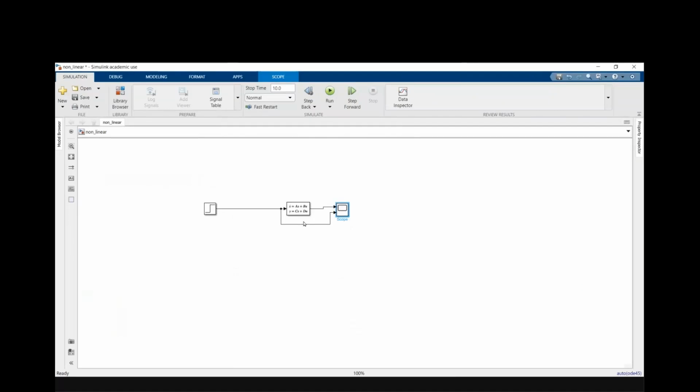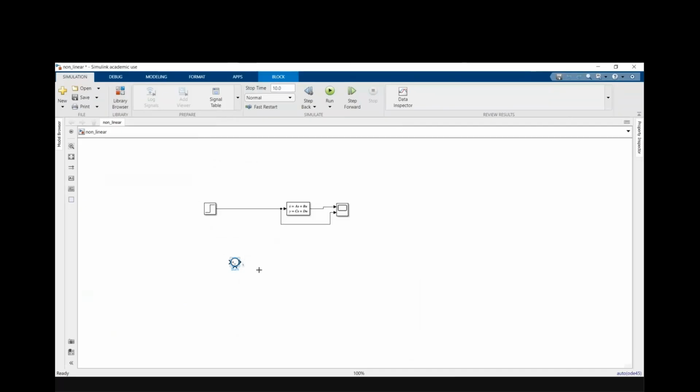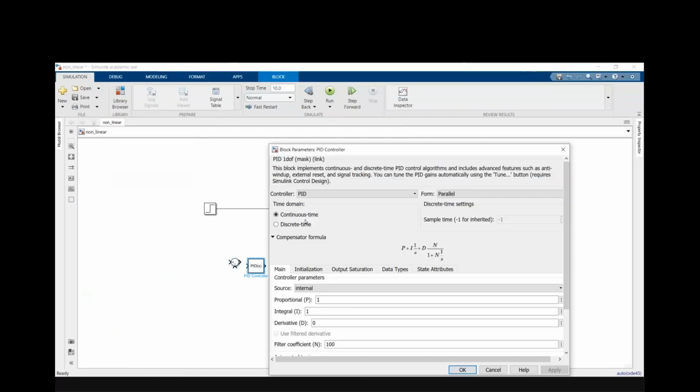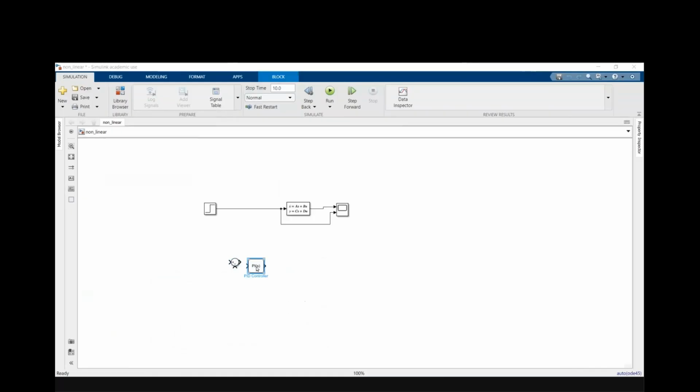Obviously, what you have to do is use a sum block and minus, and you have to use a PID controller. Then you have to make it a PI controller, apply, okay.